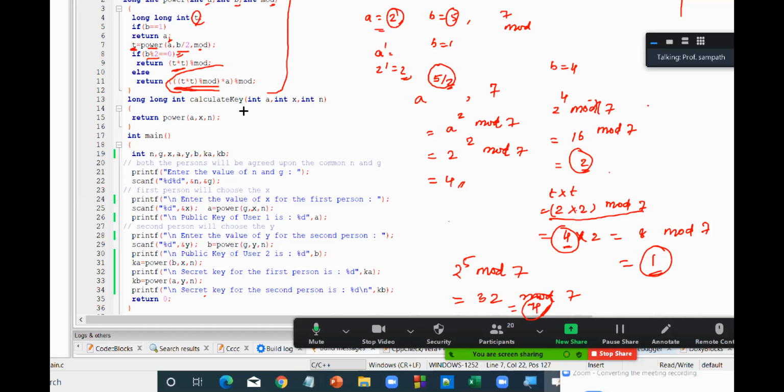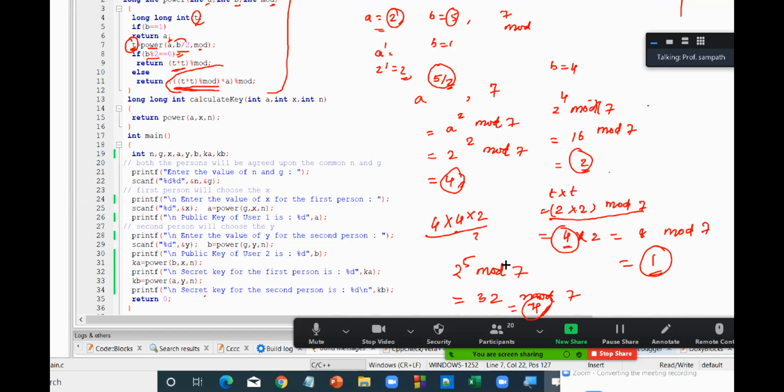So in that case, what will be my t value, which is 4, based on the value which we calculated. So 2 power 5 upon 2, which is 2 power 2, which is 4. So I need to multiply 4 by 4. This is my t value. In case the modulus value is equal to 1, it means 4 multiplied by 4 multiplied by a, which is 32.